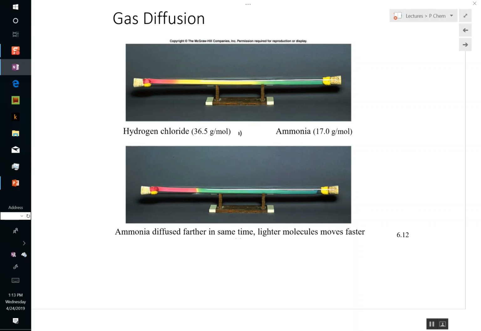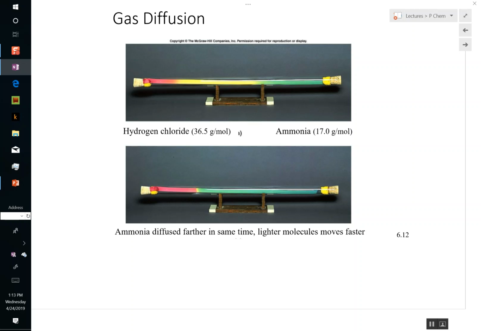The answer is no. The ammonia gets 2/3 of the way down the tube, and the HCl about 1/3 of the way down the tube. The answer relates to the mass of those molecules. They're at the same temperature, same pressure, and the smaller one is actually moving faster.